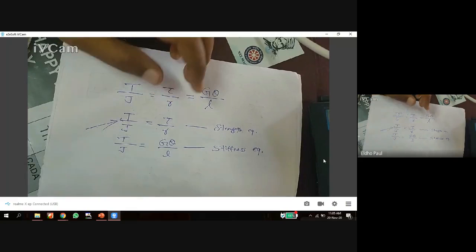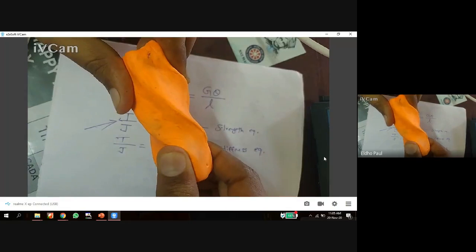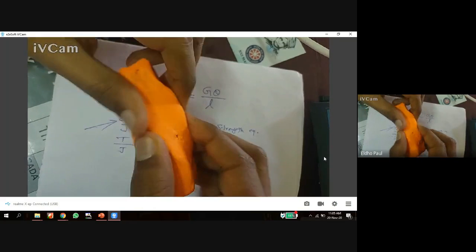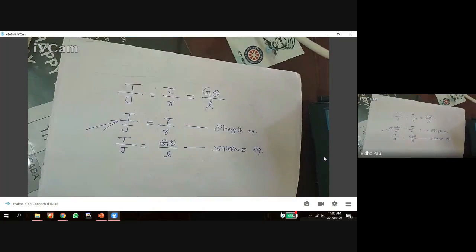Next, if severe deformation is the main criterion, deformation should not be allowed, but it can fracture. Then we have to use the stiffness equation.